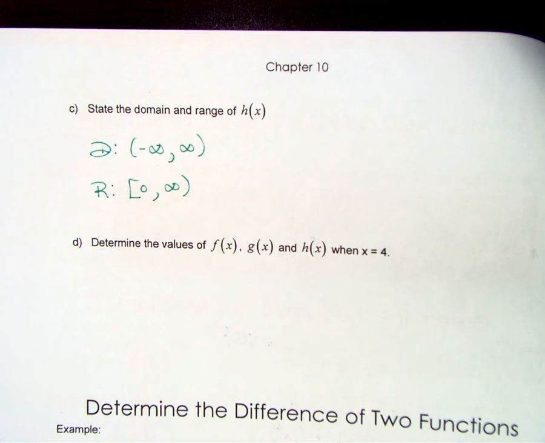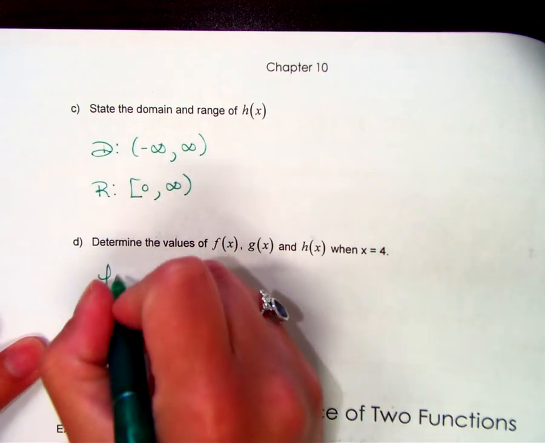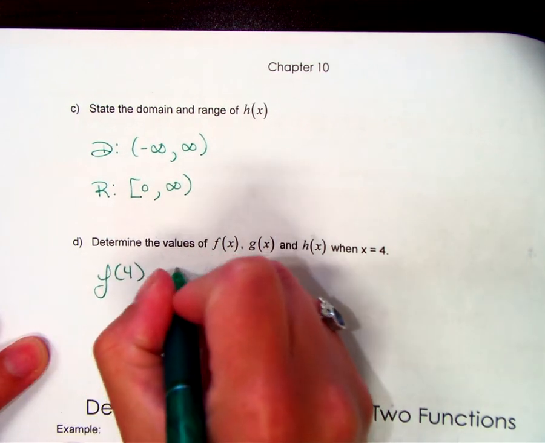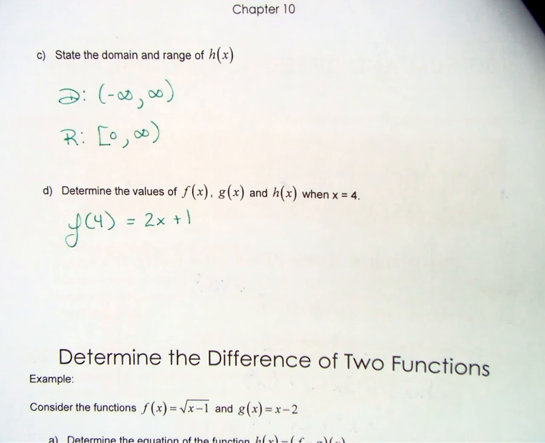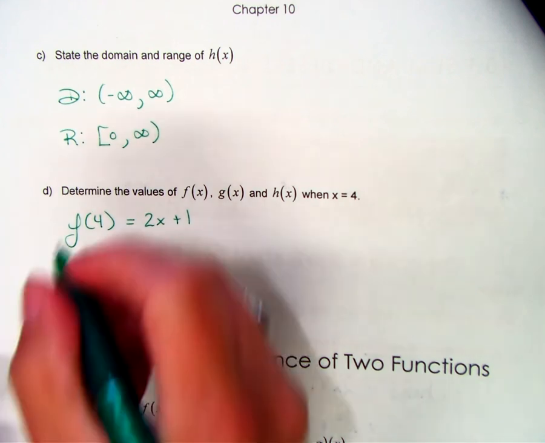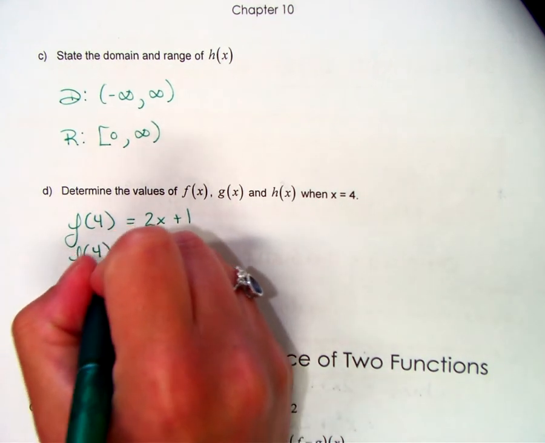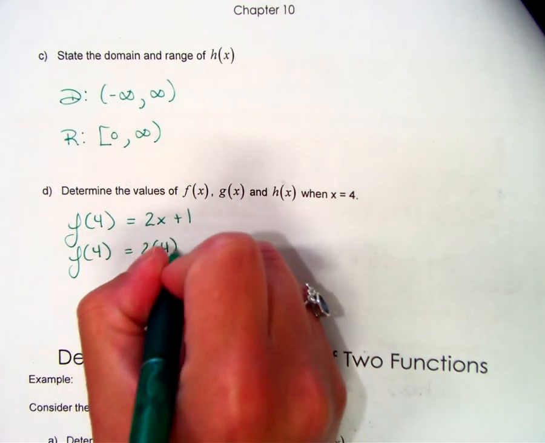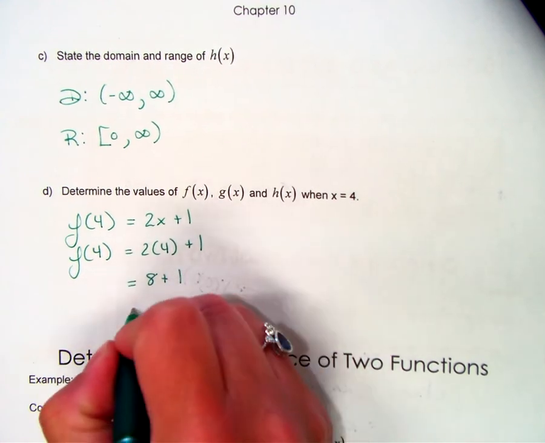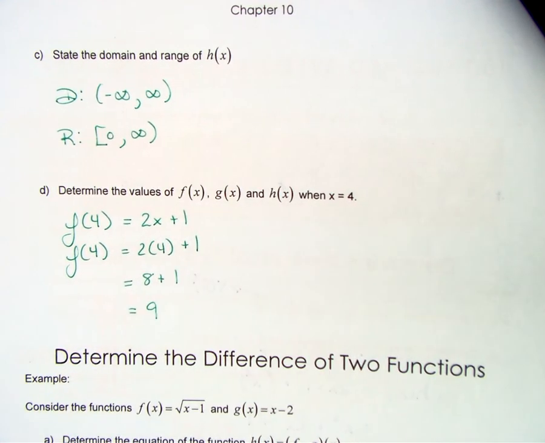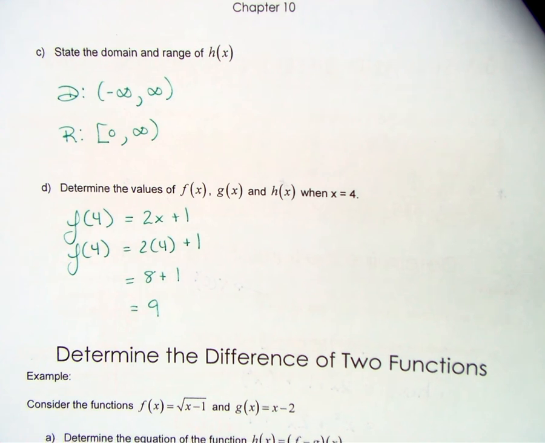Determine the values of f of x, g of x, and h of x when x is equal to 4. Really what you're doing is evaluating each one. All that means is I'm taking x equal to 4 and substituting it into the equation. When x is 4, y is 9.